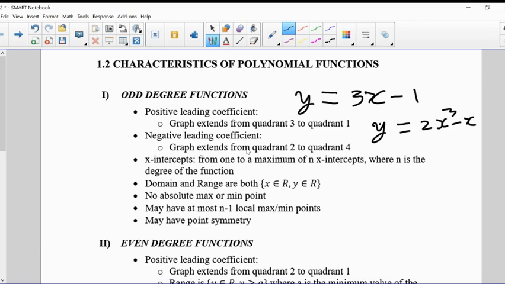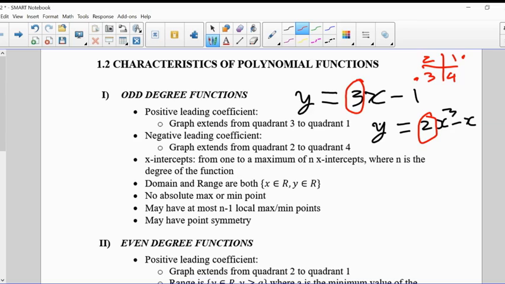Everything I'm about to talk about here will apply to both of these two functions. If the leading coefficient, this number right here, is positive, which it is in both cases, then this graph is going to go from quadrant 3 to quadrant 1. That's exactly what we talked about yesterday. The quadrants are numbered 1, 2, 3, 4. It doesn't mean it doesn't pass through other quadrants, but its end behavior is that it goes from quadrant 3 to quadrant 1.